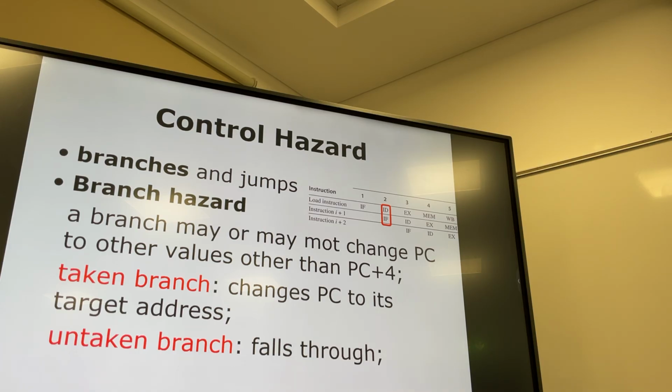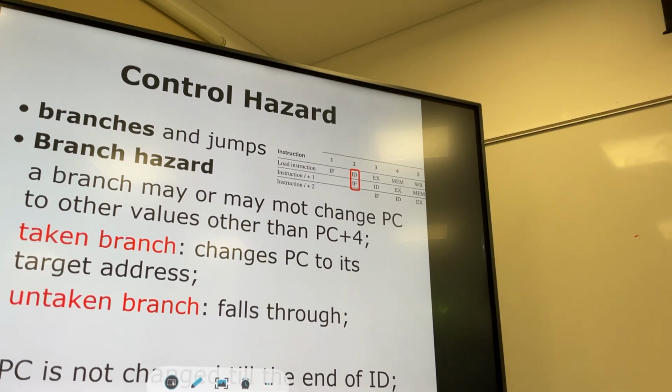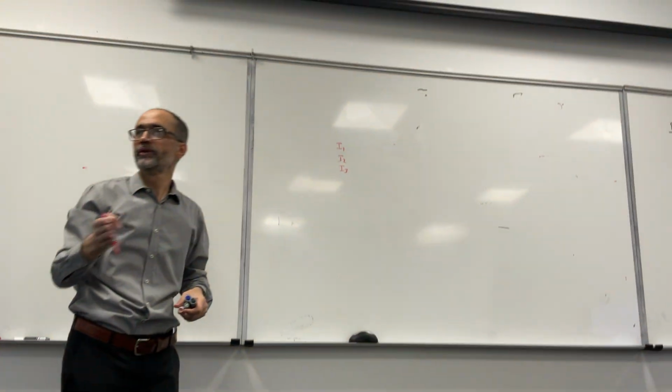Okay, now let's assume I will explain this in an example. Let's assume we have the first instruction, I1, then I2, then I3. First we need to fetch I1, then I2, then I3.